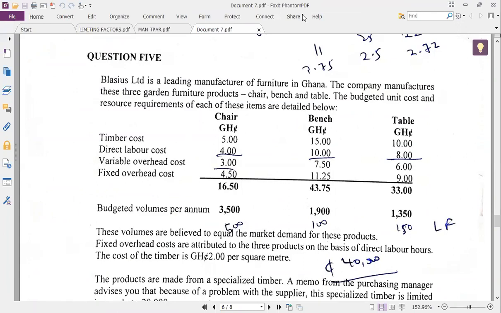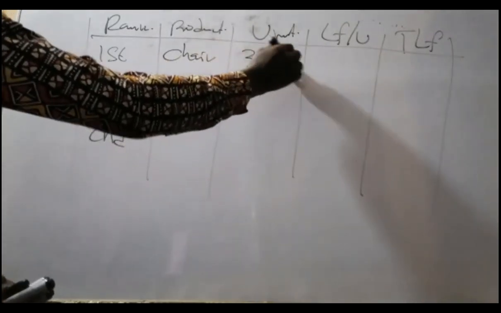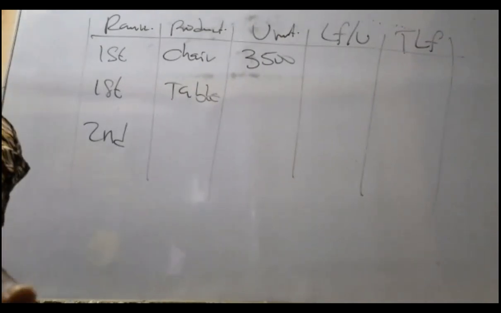So let's see. You add the 3,500 here. Good. Yes, the budgeted volume per annum. Now, the issue is this.